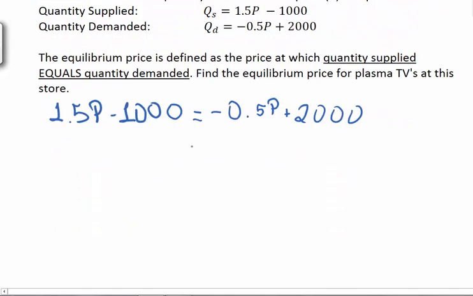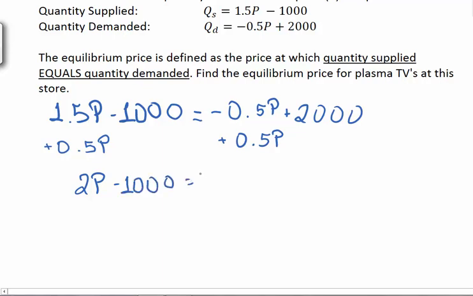We want our variables on the same side, so I'm going to add 0.5p to both sides. This is 2p minus 1,000 is equal to 2,000. We now want our constants on the same side, so I'll add 1,000 to both sides.